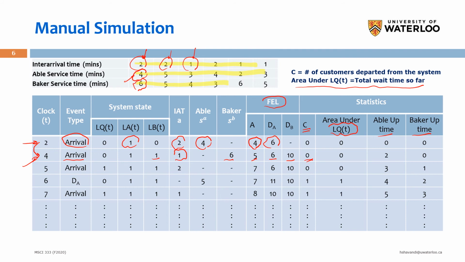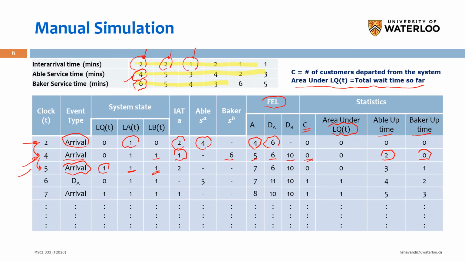And so we update the statistics. There are no customers departed from the system so far, and Able uptime up to here is 2 minutes, and Baker is 0, right? Again, the next event is arrival at time 5, so time is advanced from 4 to 5. We execute the event, which is arrival here, and since both servers are busy, this customer will wait in line.